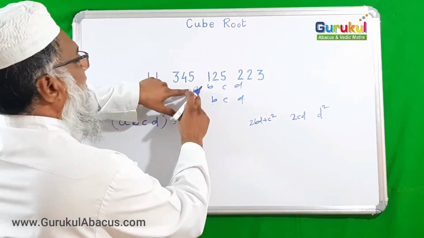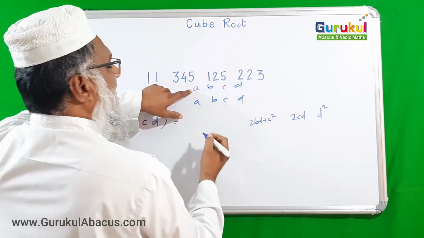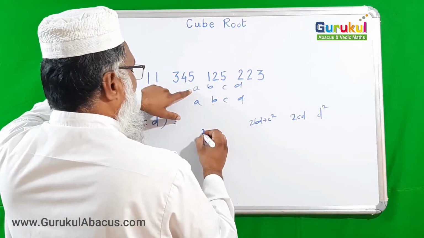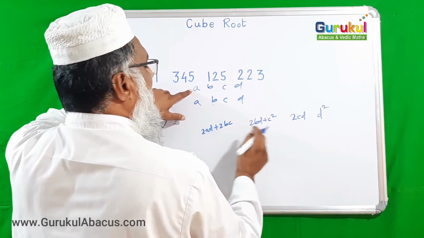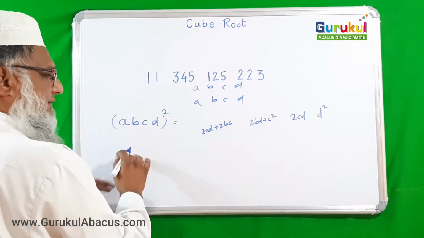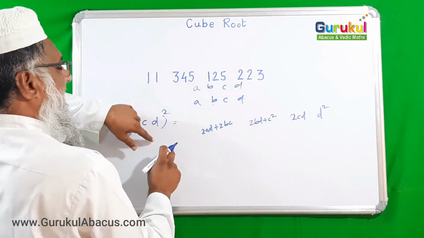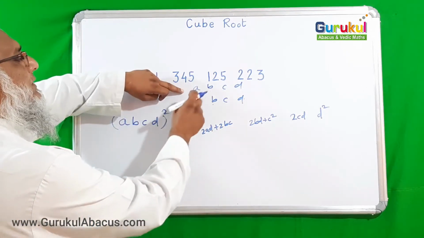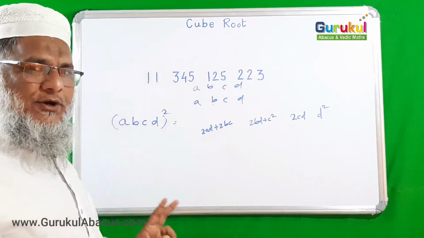Fourthly, ad and bc, means 2ad plus 2bc, which we have found as the 4th term. Then the fifth term would be 2ac plus b square, and next would be 2ab, and the last would be a square, but we do not need it, so we are not solving.